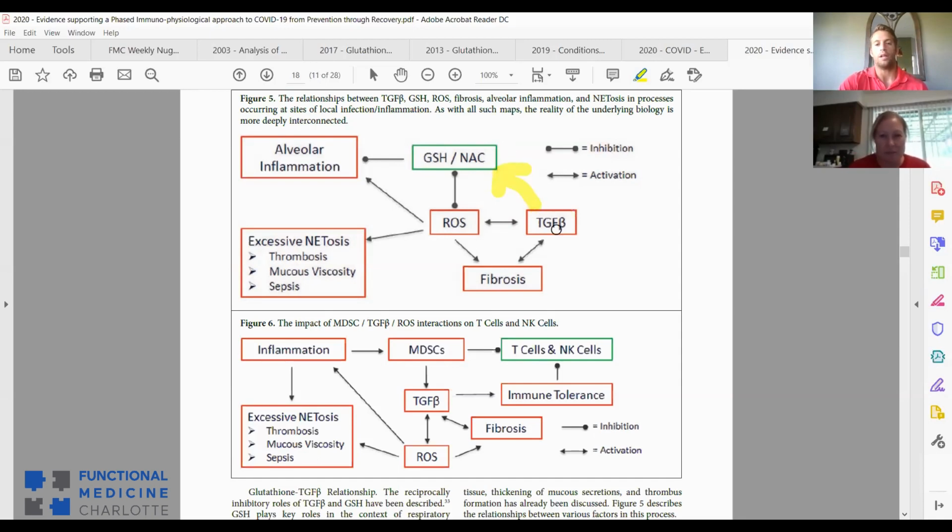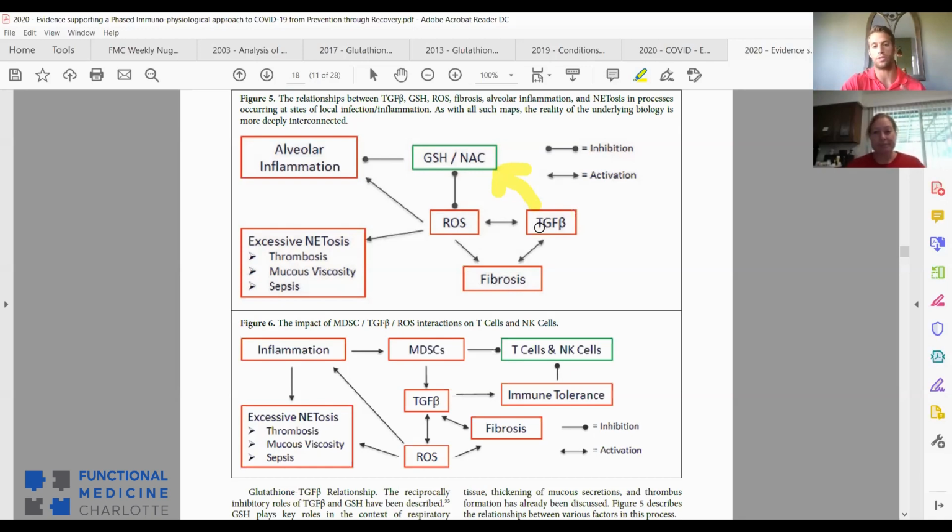The higher your TGF-beta, the lower your glutathione, because you need the glutathione to put that out. So the more oxidative stress someone has, or the more fibrotic tissue they have, or the more myeloid-derived suppressor cells they have, the more TGF-beta they're producing, so the more glutathione they need, because the more they're knocking down their glutathione. So to answer your question, it depends.